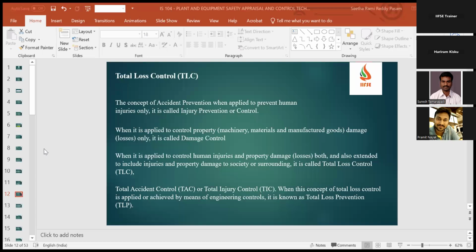So PPE is not advised as a preventive or ultimate remedy for the hazard. It just reduces the consequences of an accident, the severity of the hazard. It will not eliminate the hazard. It will only protect us somewhat.